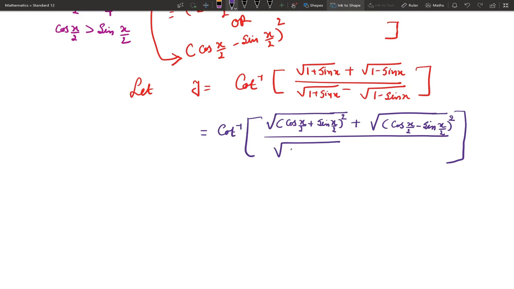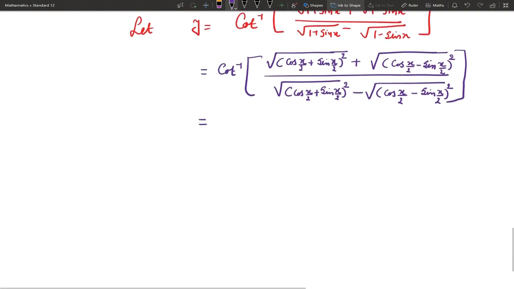In the denominator, it is (cos x by 2 plus sin x by 2) whole square minus (cos x by 2 minus sin x by 2) whole square. Up to this it is a pure example of inverse trigonometric function.